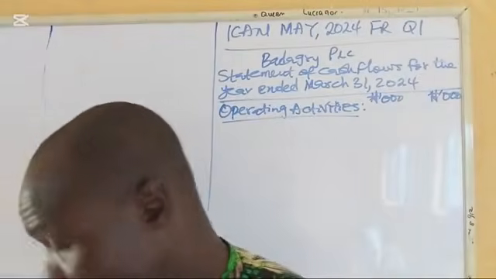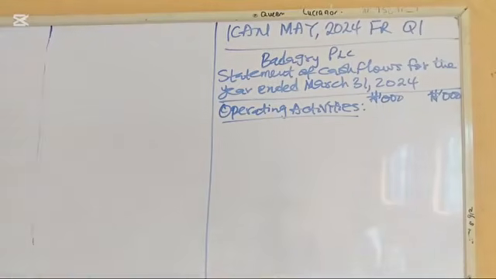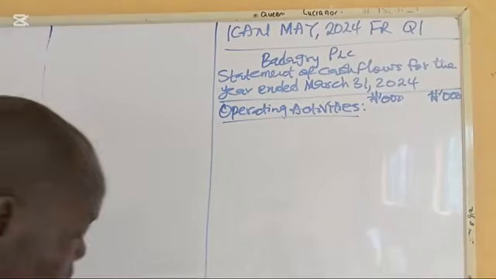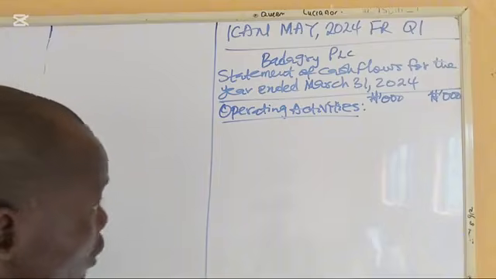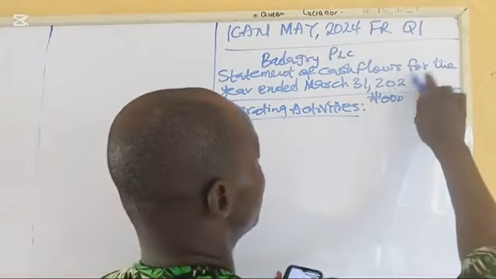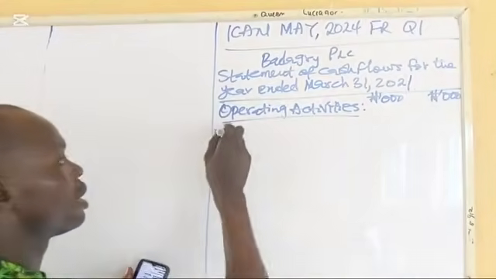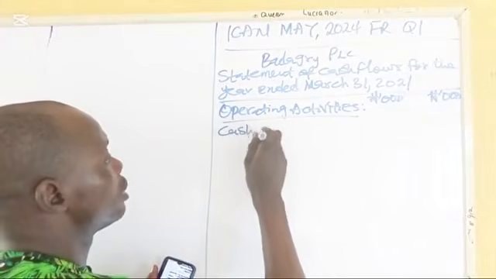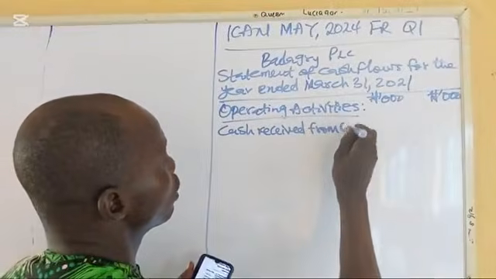Operating activities, I've told you, they include items such as what? Cash received from customers.